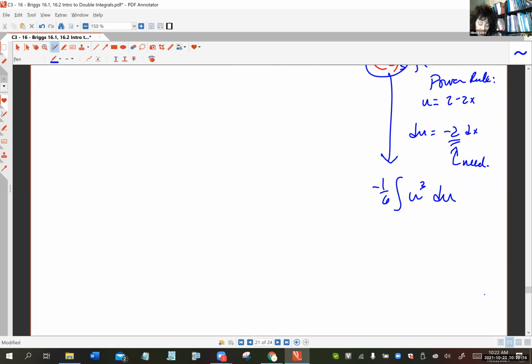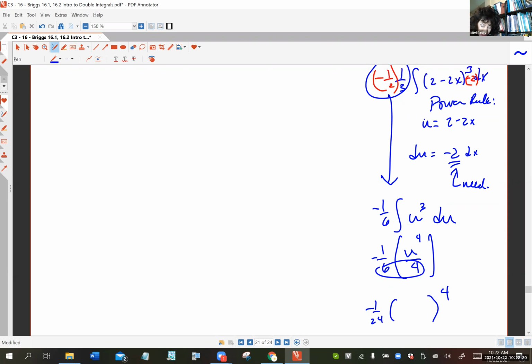So using u sub here, power rule, the antiderivative of u cubed is u to the 4th over 4, like that. And then you can multiply the 6 and the 4 together there, and then put your u back in. What the heck was it? Don't forget, it was that guy.